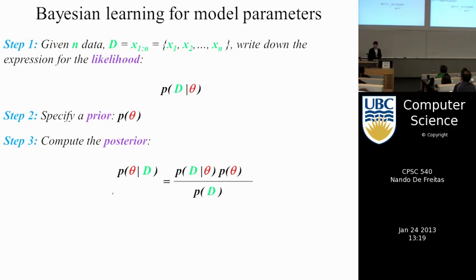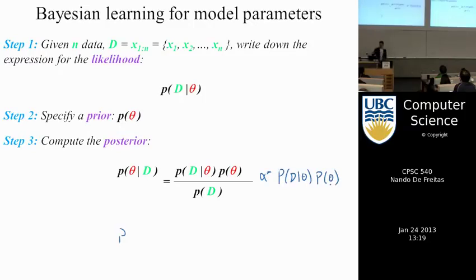So the posterior distribution essentially follows by multiplying the likelihood times the prior. And this I will also write as P of D given theta times P of theta.